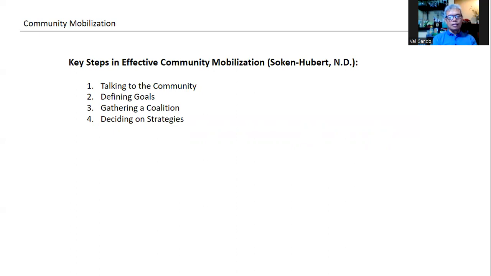The second is defining goals, where the community collectively agrees on the goals and objectives of community mobilization, which is usually a solution to the social problem or concern. The third is gathering coalition, or the organizing and network building to facilitate community mobilization.